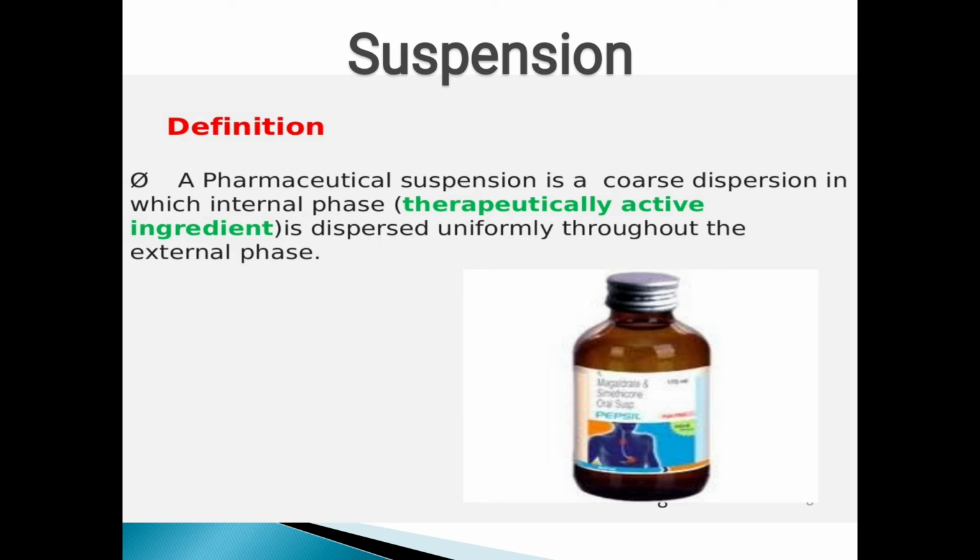A pharmaceutical suspension is a coarse dispersion in which the internal phase, that is the therapeutically active ingredient, is dispersed uniformly throughout the external phase. That is known as suspension.